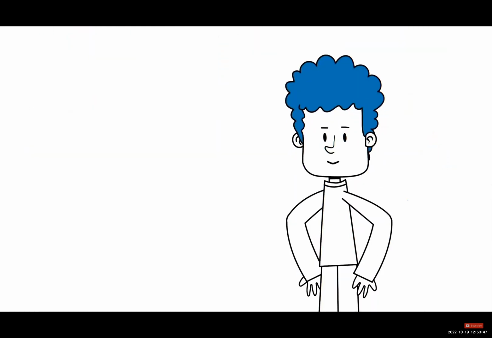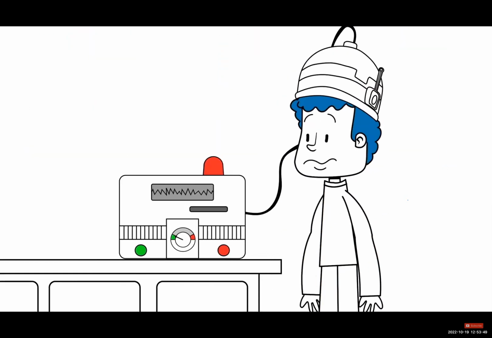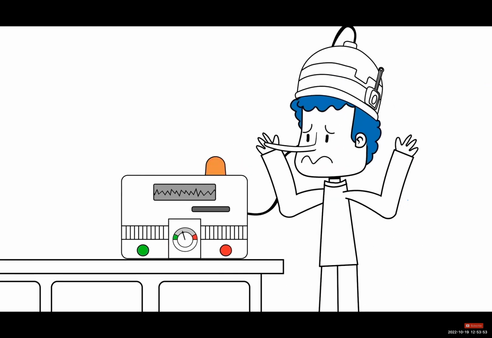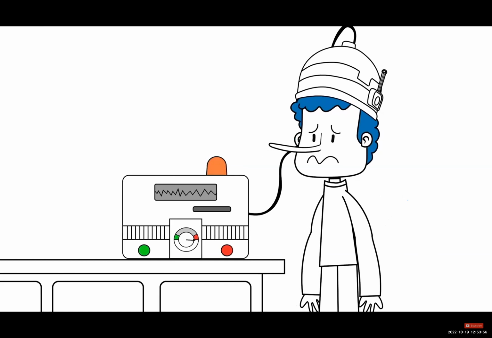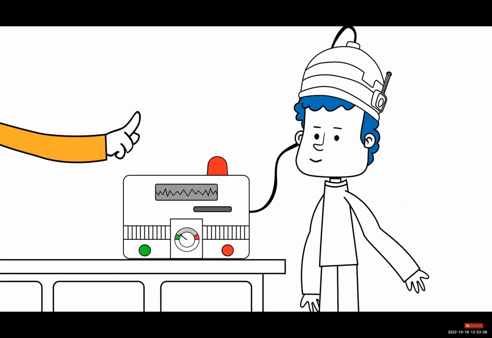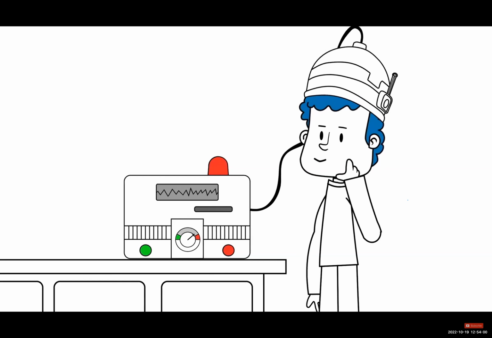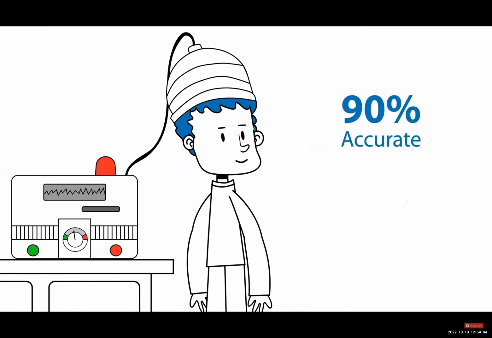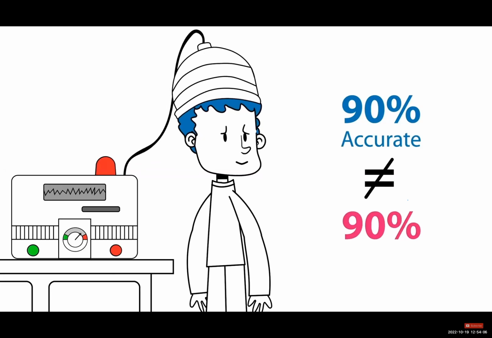That means all you have to do is wire someone up to the lie detector, and if the big red lie light flashes, then you're 90% sure they're lying. Fantastic. But wait a minute, we've forgotten some basic conditional probability here. A test being 90% accurate is not the same thing as being 90% certain that someone is lying if the machine says they are.